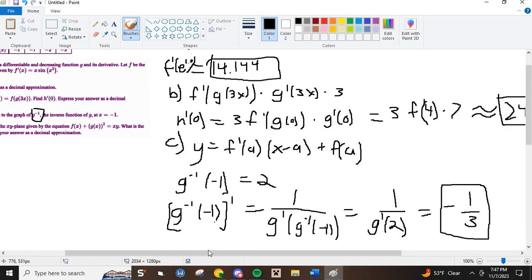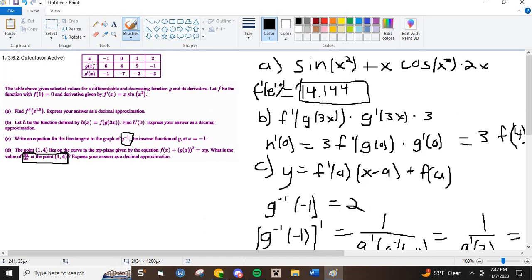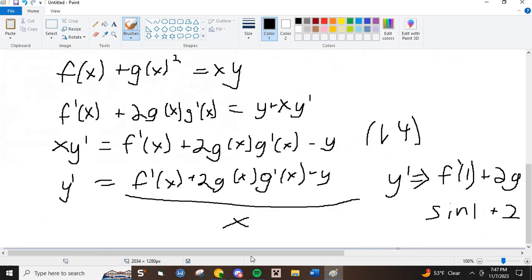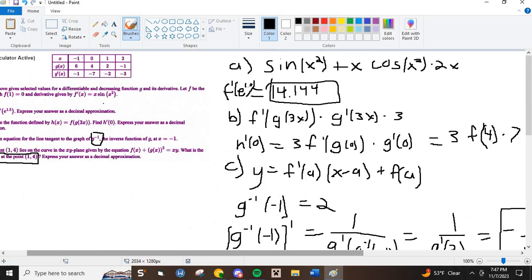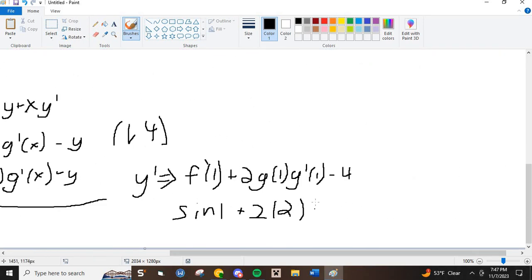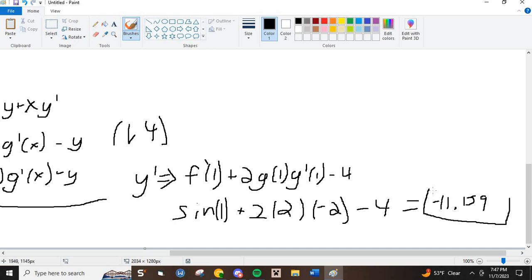Oh yeah, I got 2 from the table here, because g of 1 is 2, and then g prime of 1, looking at the table here, g prime of 1 is negative 2, so minus 4. So okay, if you plug this into a calculator, that's going to be negative 11.159. That's simple.